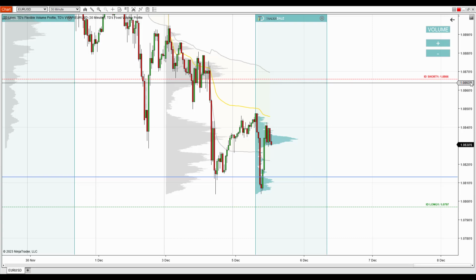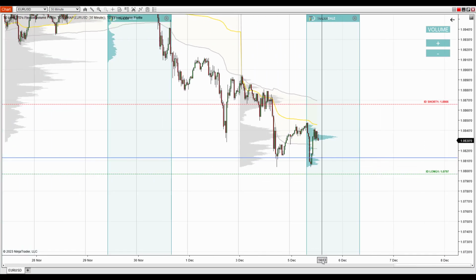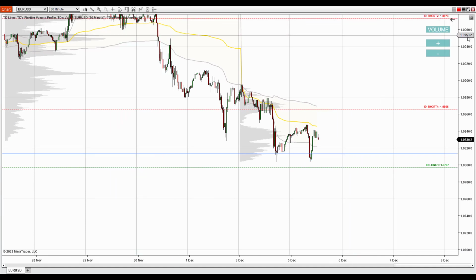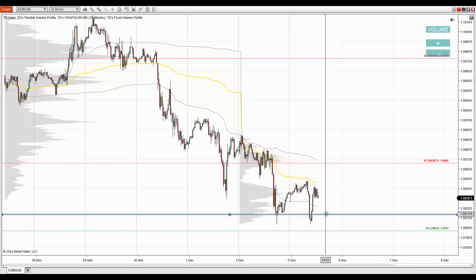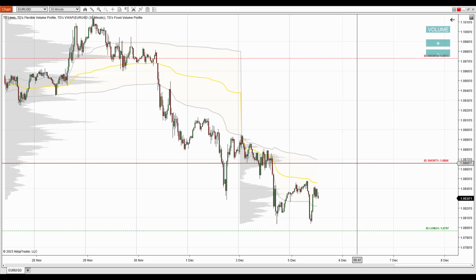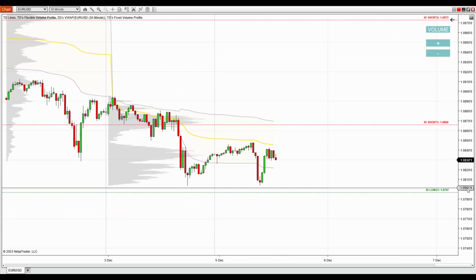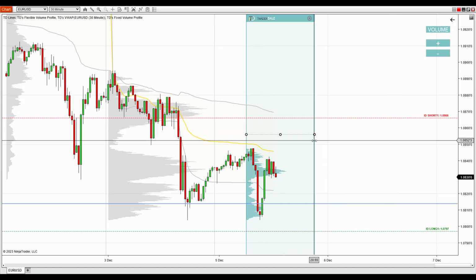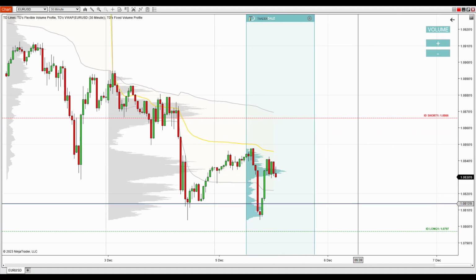Now, currently we are in a downtrend on euro, and that makes this long a bit risky, right? Because we are in a downtrend, and we want to trade longs in a downtrend. So that makes this long risky, but what you can do if you have order flow, when the price reaches this level, is open up the order flow and wait for confirmation.